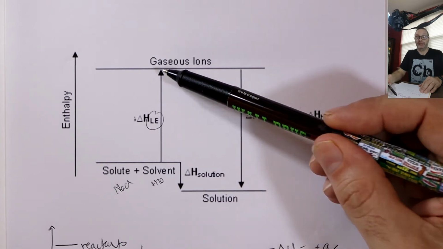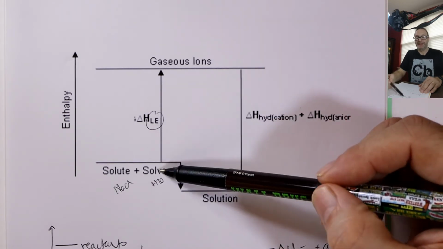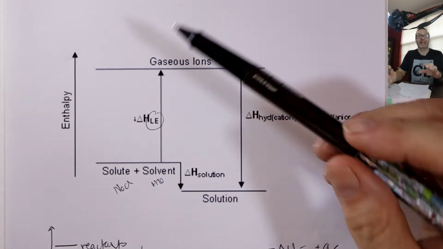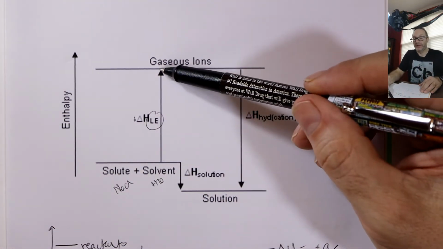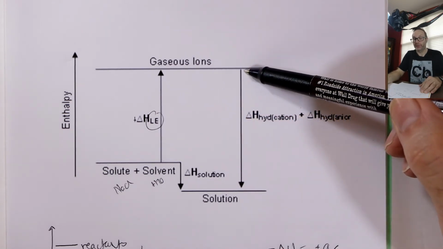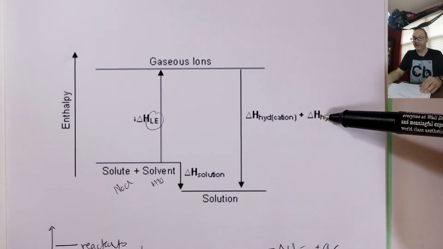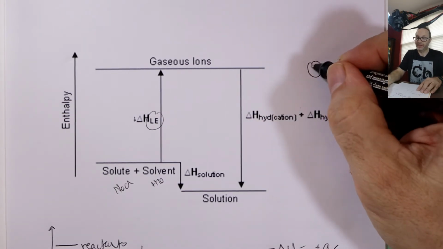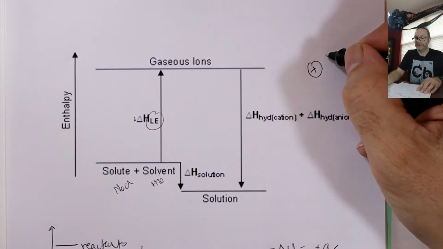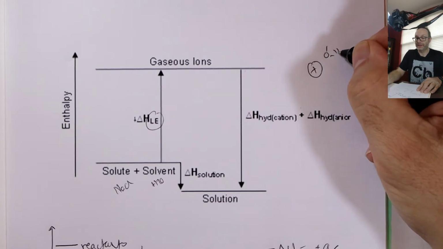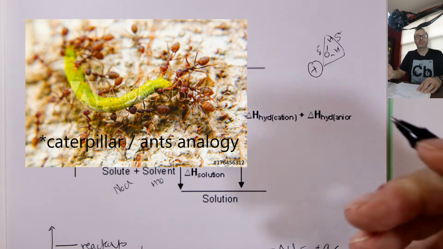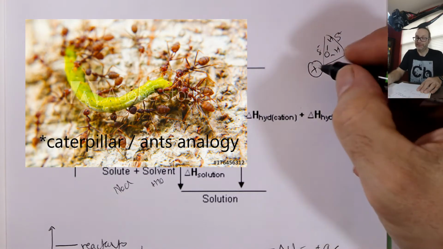You have to separate out the ions. Technically, you also have to separate out the water, but that's such a small amount it doesn't matter, because there are gaps between water molecules. Now over here is where we actually add the water to the ions. If I have a plus ion, the water has an O, H like that. We saw this little tractor trailer deal. Water is polar, with a plus end and a minus end.